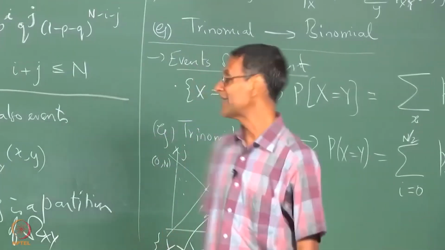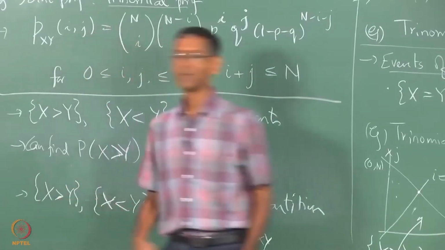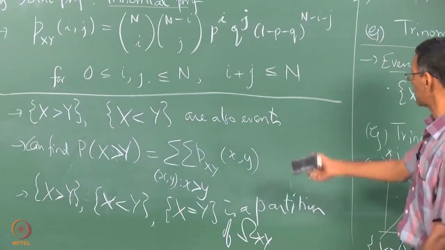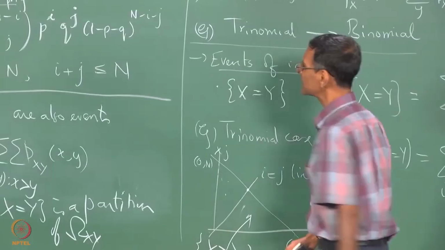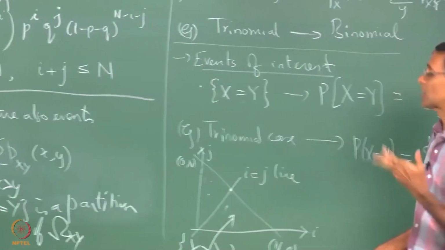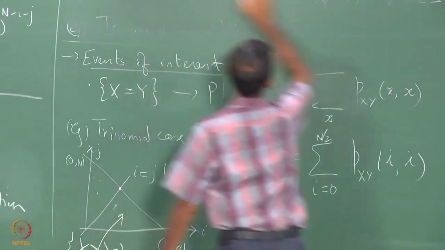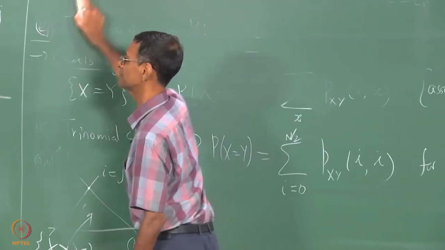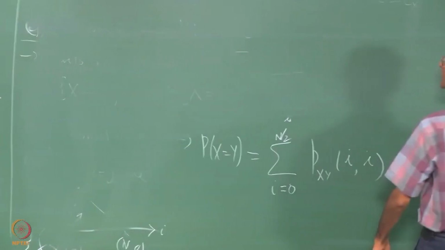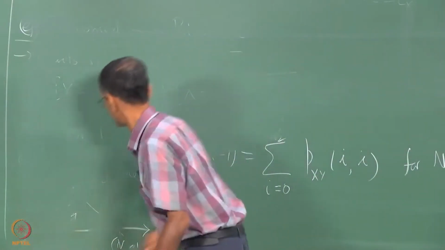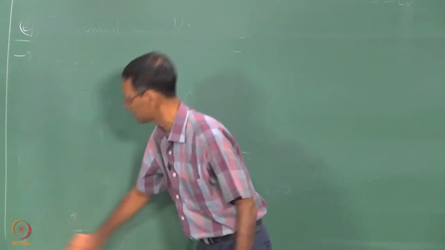Now you can use certain symmetry arguments here, especially for x greater than y and x less than y. The symmetry argument may not work so easily for x equal to y, but supposing I tell you that p equals q. For p equals q, what can you say about the events x greater than y and x less than y?